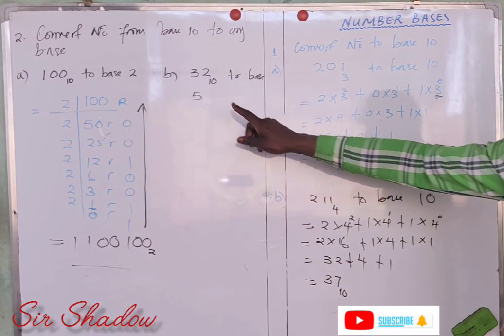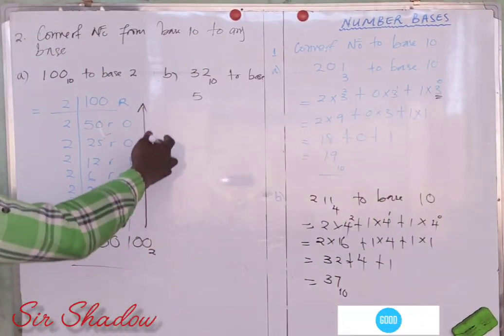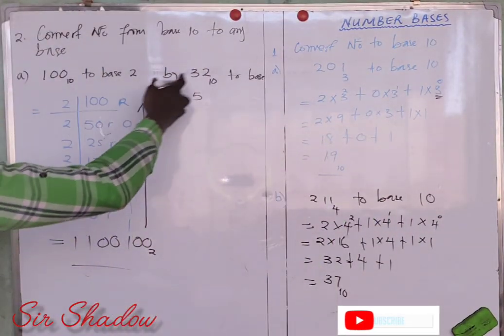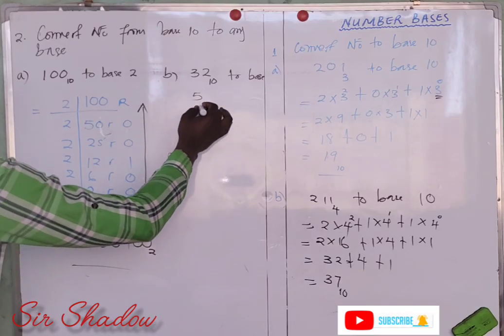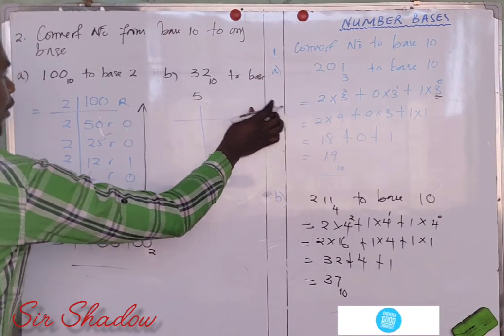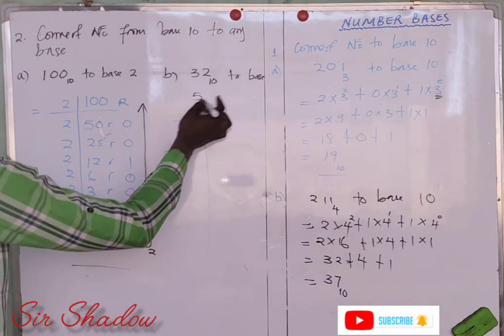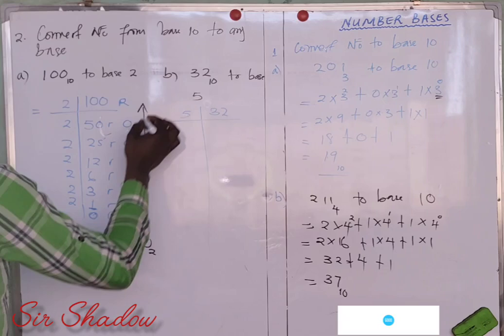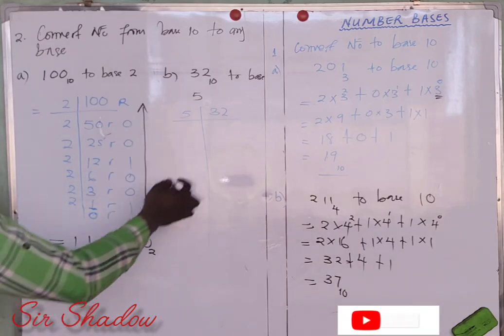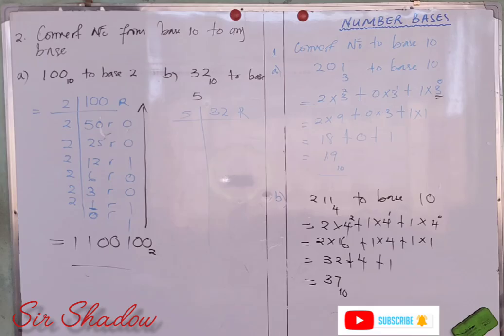All right. So let's consider part B, where we are going to convert 32 base 10 to a number in base 5. Right. We draw the same line. On this line, we write 32 here. That's the number. Then here we write the base we are going to convert to, which is base 5. Then here we write an R, which simply means the remainder. Right?